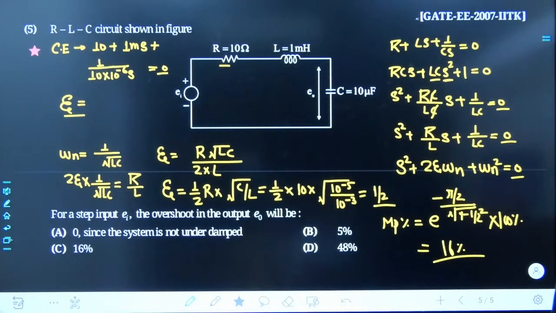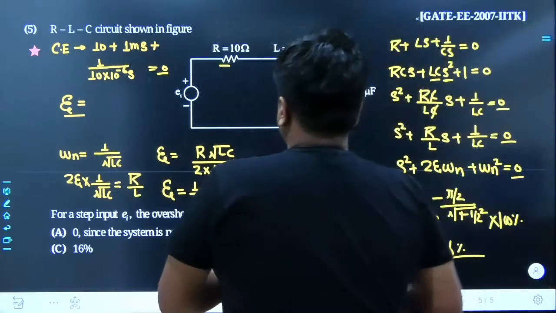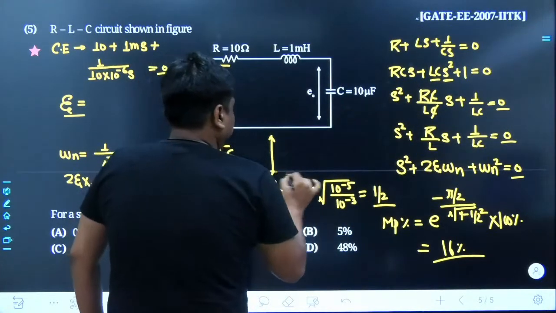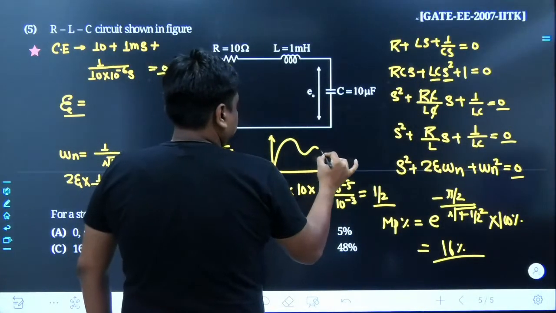Ram had given the answer for the last question. So it was a special category of problem where they had been asking for the Mp, peak overshoot in percentage, and it is sort of this. That means if the input is a unit step input, the response is going to be sort of this.